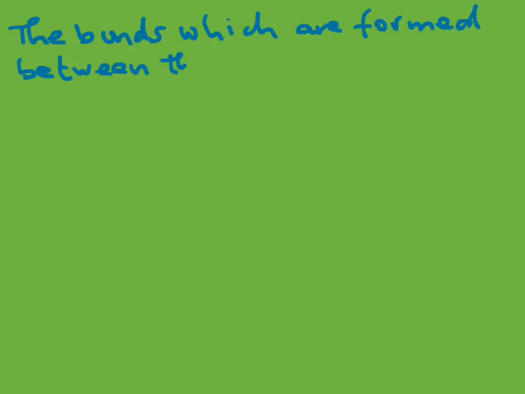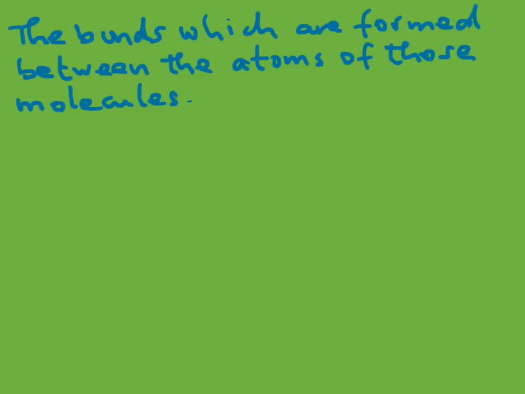And the bonds which are formed between the atoms of these molecules. So, the type of bonds that are formed between the atoms of these molecules determines the shape of the enzyme.